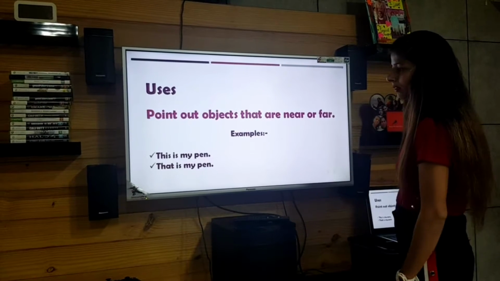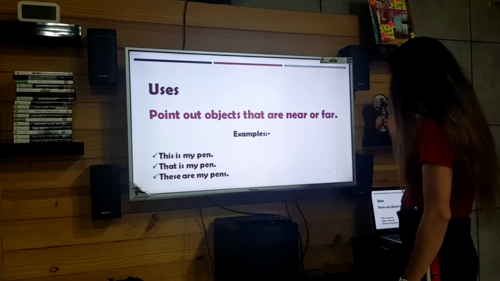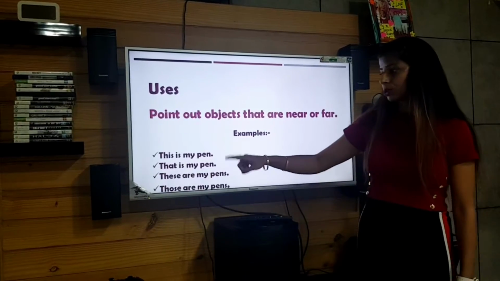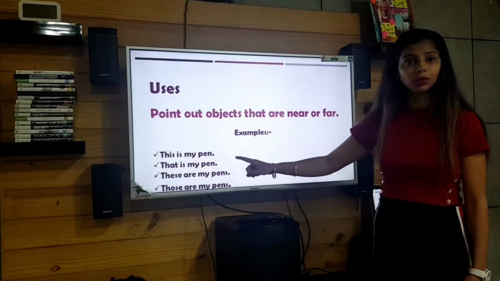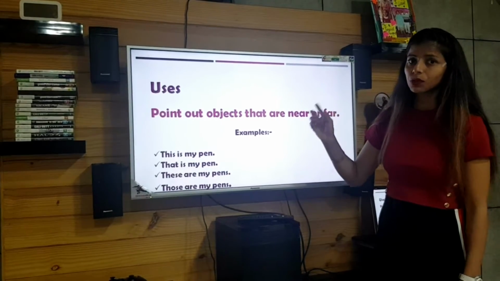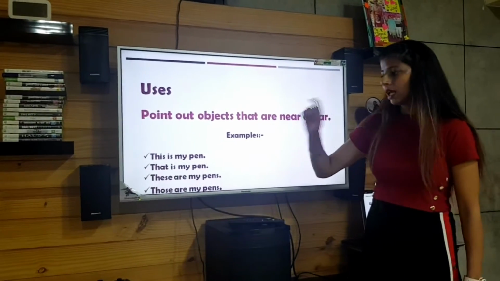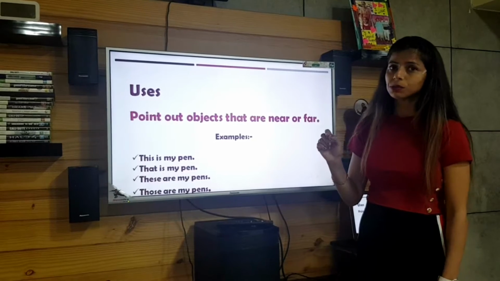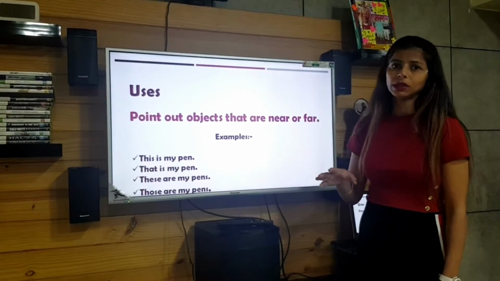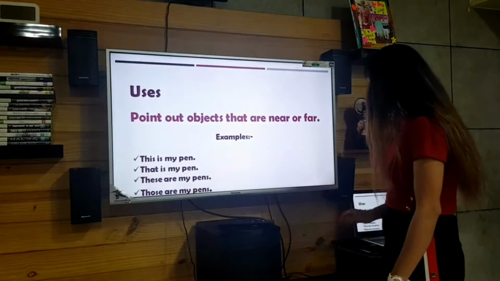This is my pen, that is my pen, these are my pens, those are my pens. Remember, this and that are used for singular countable cases, and these and those are used for plural cases.